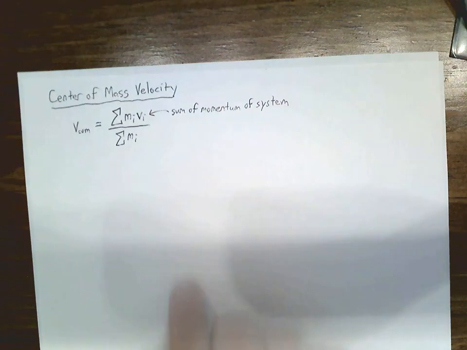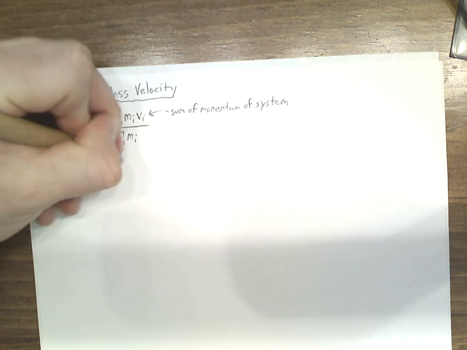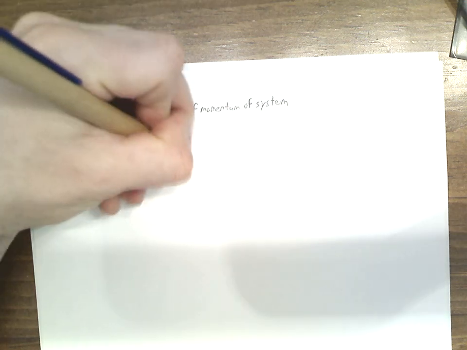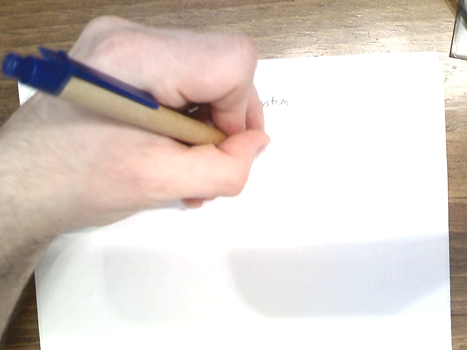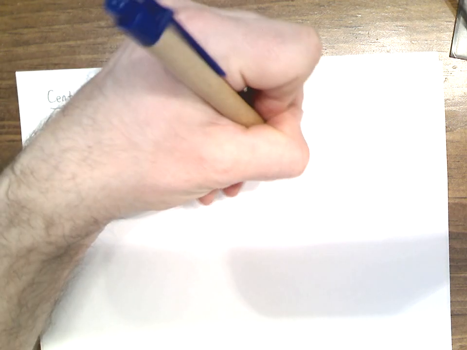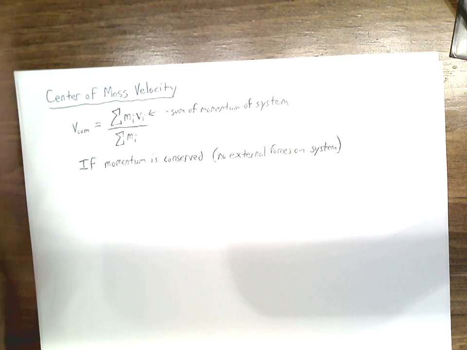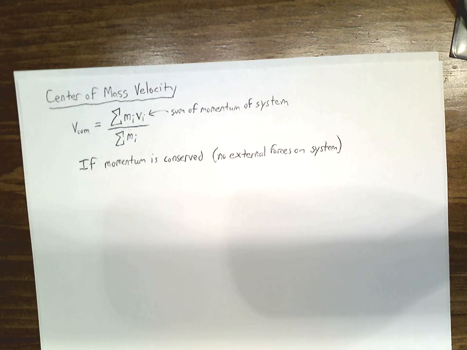So that means if we're in a situation where momentum is conserved, this is a very important concept. If momentum is conserved, that is, if there are no external forces on the system, this numerator has to be the same no matter what.